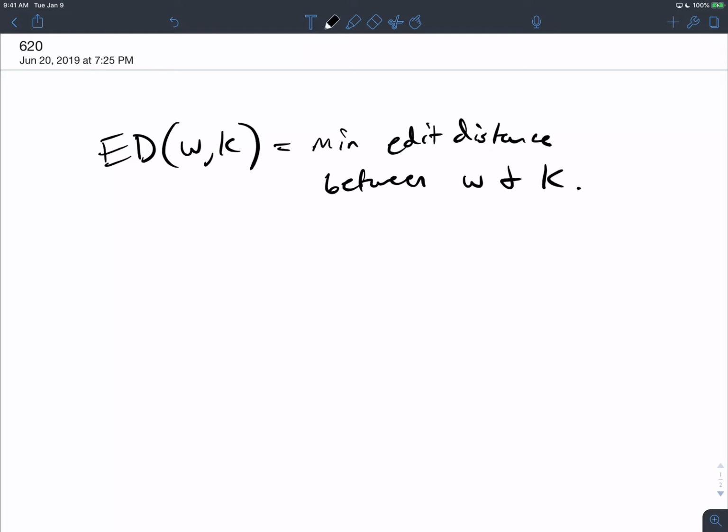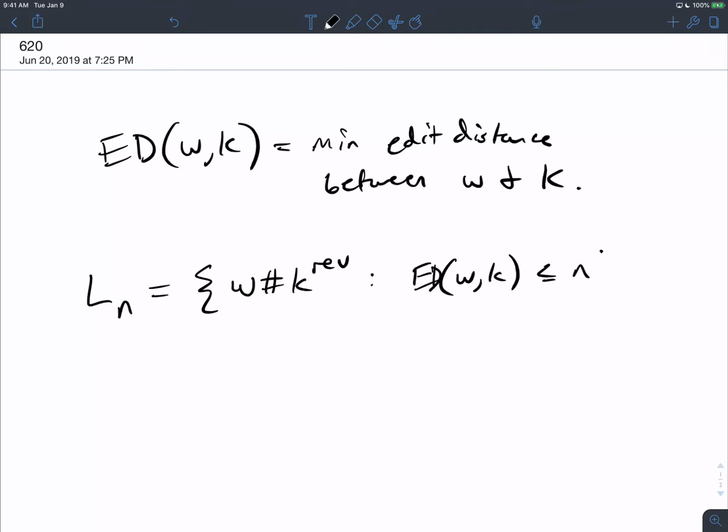And the reason why, so the question says, if we look at, I'm going to rename it because I don't remember what the name is. So L of K, maybe I shouldn't use K. Maybe let's do N, where the set of strings, something like this, where the edit distance of W and K reversed is at most N. And the question was that for each integer N, it is context-free.